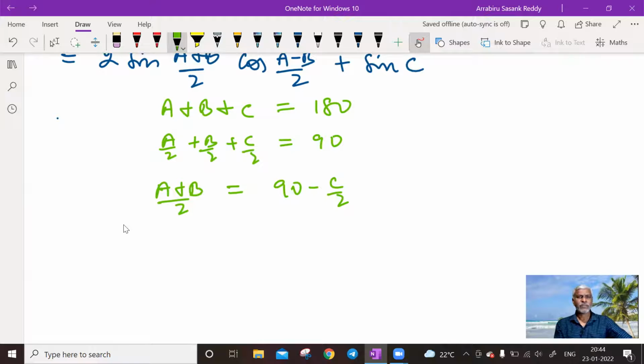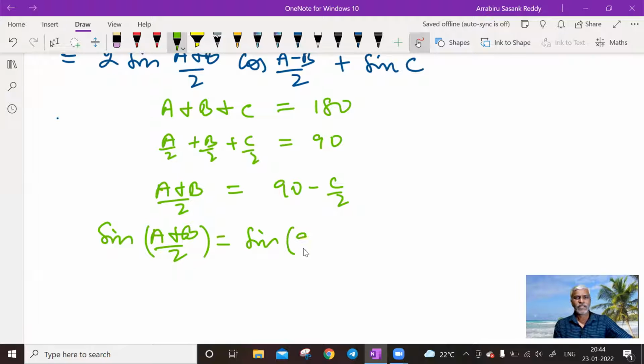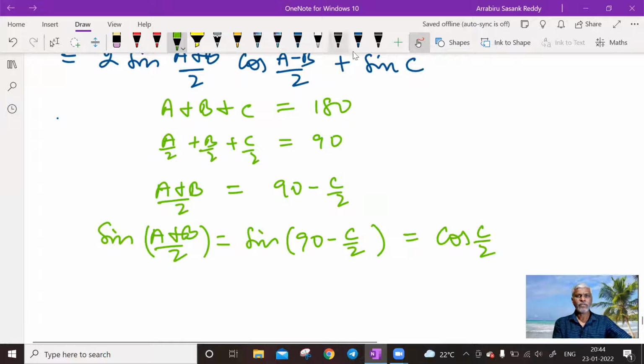Taking sine both sides, sin of A plus B by 2 is sin of 90 minus C by 2, which is cos C by 2. Sine of 90 changes to cos, and 90 minus C by 2 belongs to the first quadrant, so all are positive.